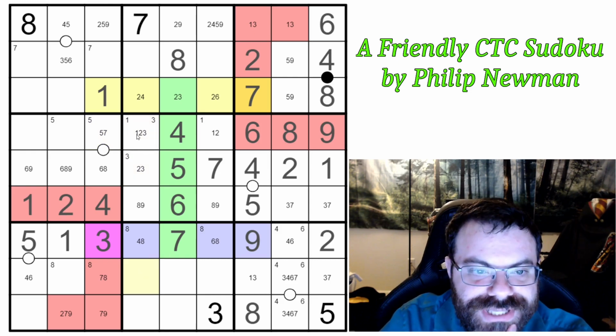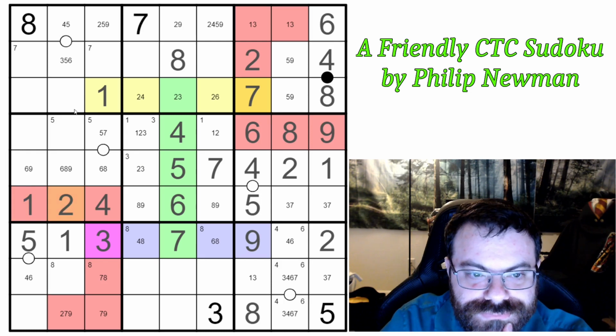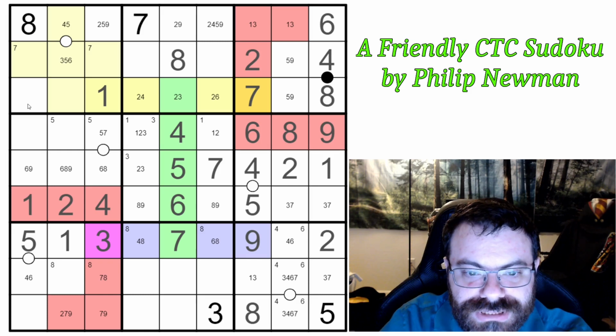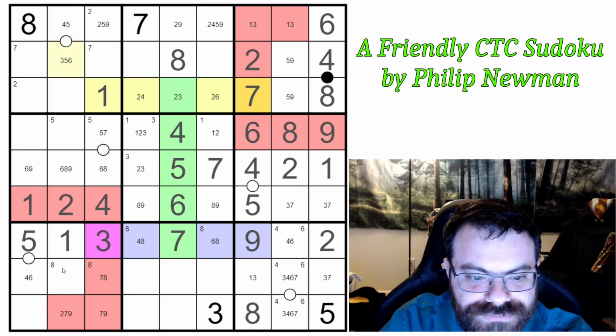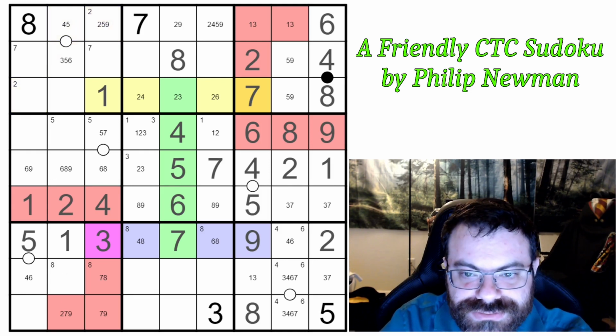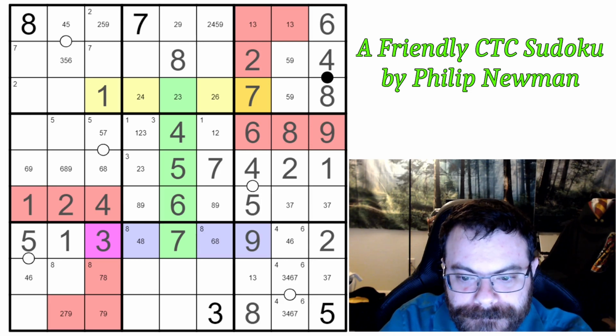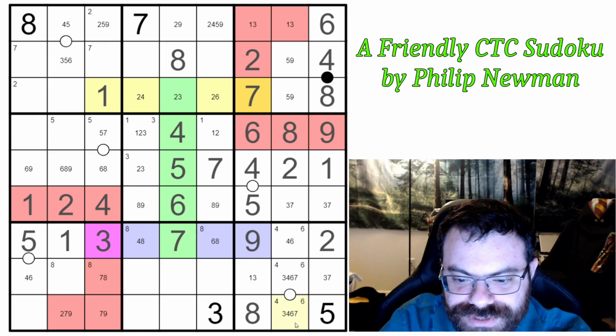All right, what else do we have? 2 looks up here and here, so kind of a weird pencil mark there, but 2's there or there. Is this still 3, 5, 6? Yes. This could never be a 3.